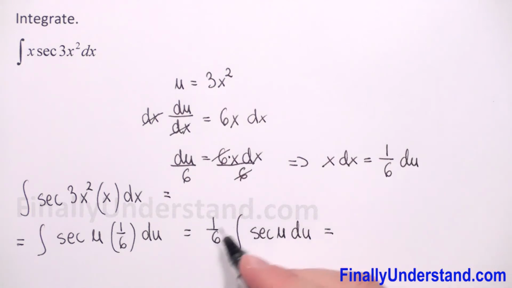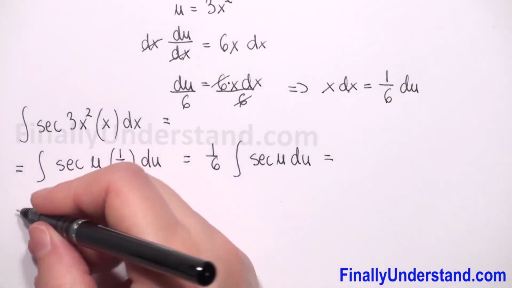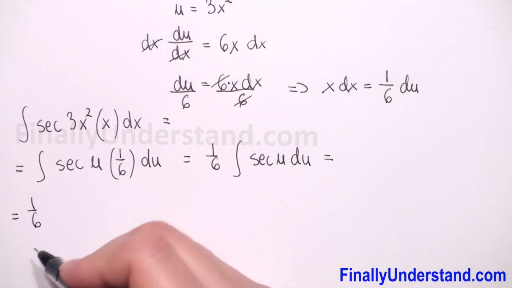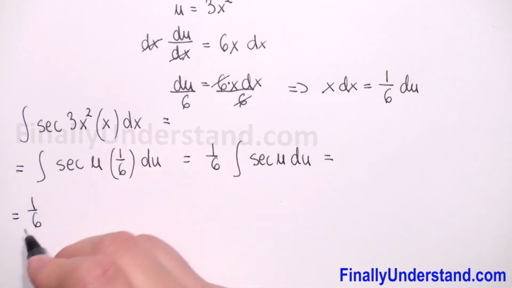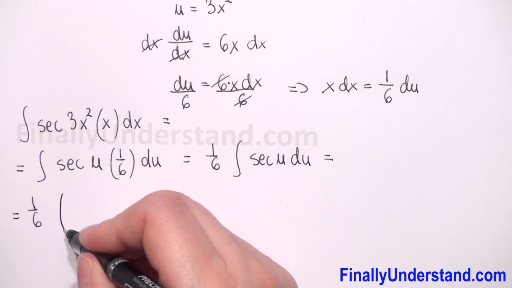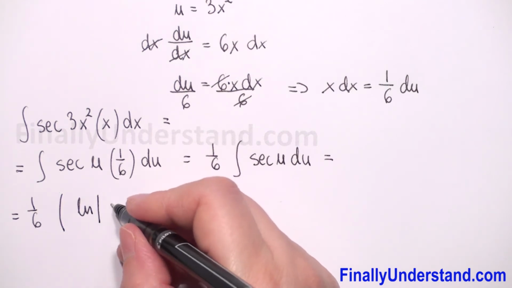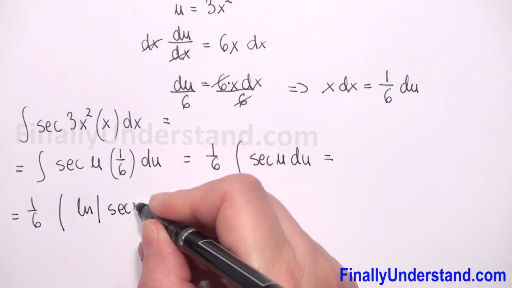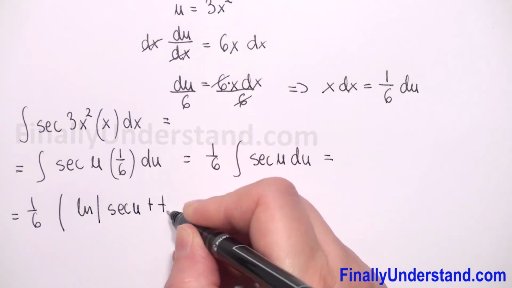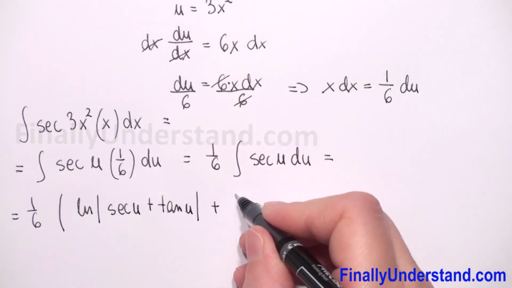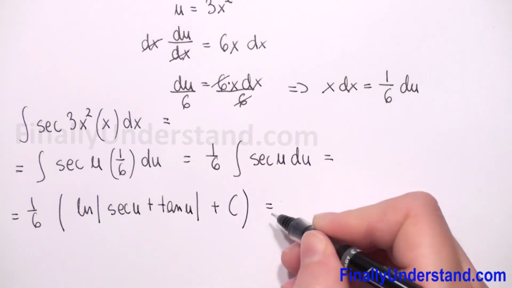So we can rewrite our 1 over 6, and we have times, I can put in parentheses, it will be natural logarithm of absolute value of secant of u plus tangent of u, and of course plus constant number. This is equal.